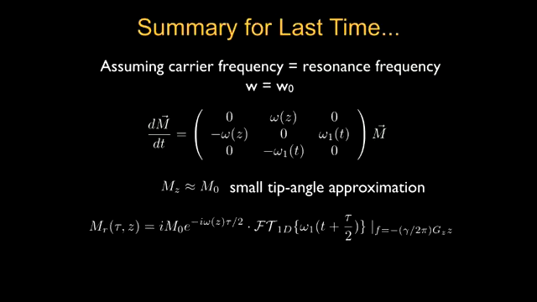Boom, you got the solution. The other way is to directly solve the Bloch equation numerically. You put in the numbers, see numerically how things change over time, and then find the slice profile. So those are the two ways to look at the slice profile.